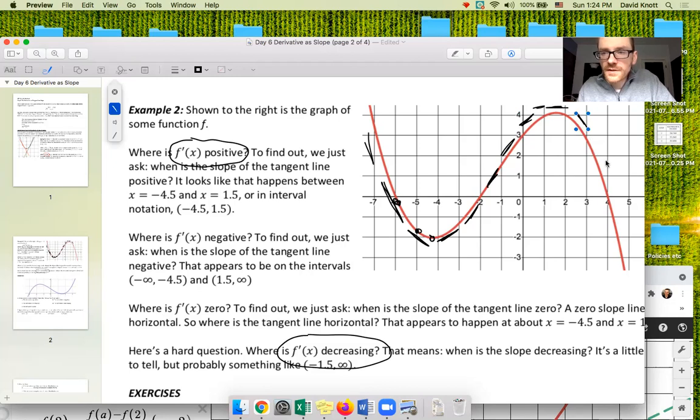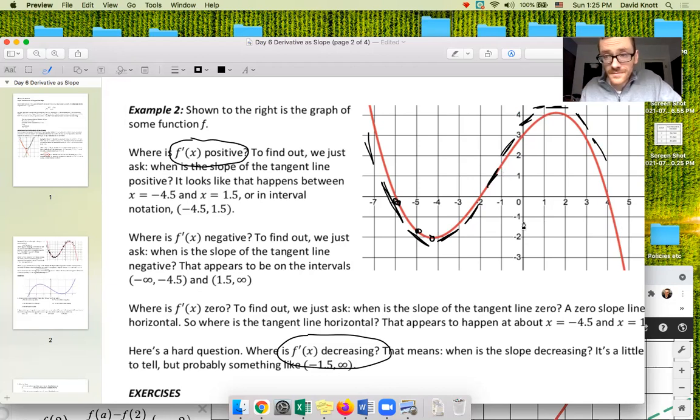So certainly the slope is decreasing over this interval. Where exactly does it switch from increasing to decreasing? Somewhere in here, maybe. Just ballparking it, I would say maybe -1.5. And then it continues to decrease all the way out to positive infinity.